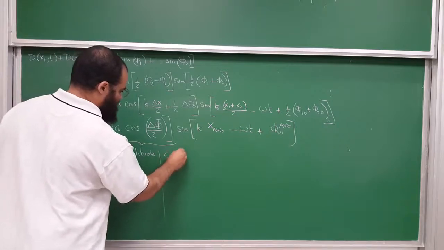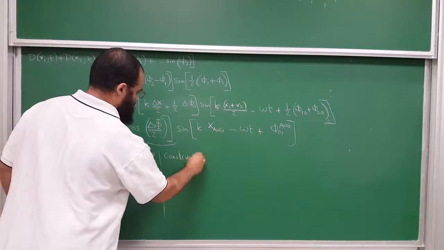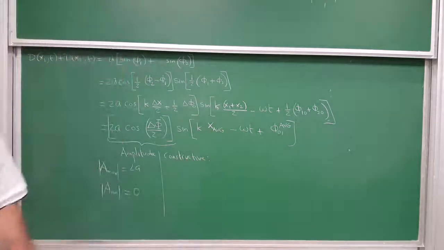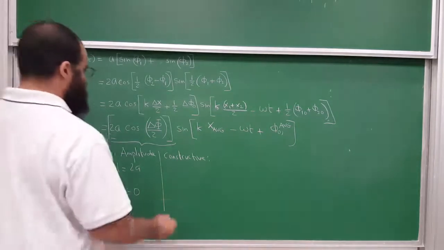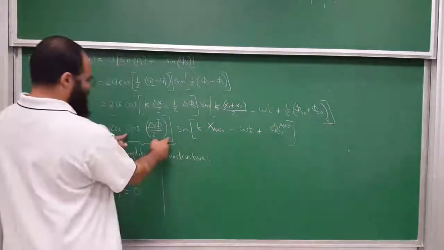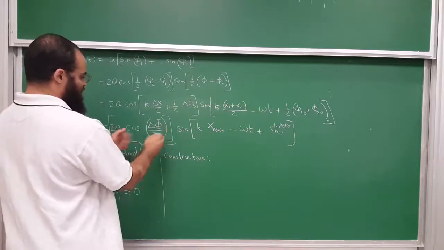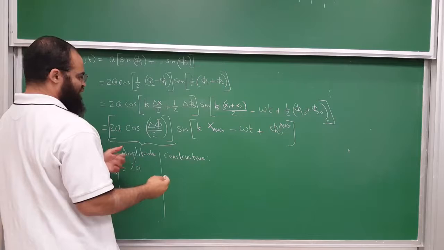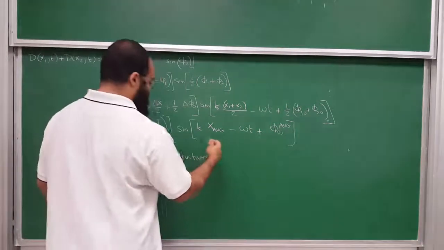Constructive, let's just try to derive that. Let me check out the time. Hopefully I don't run out. Yeah, I still have a few minutes. Constructive if the cosine of this gives me 1, that means delta phi over 2. When is the cosine 1? Well, when delta phi over 2 is equal to 0, or pi, or whatever.